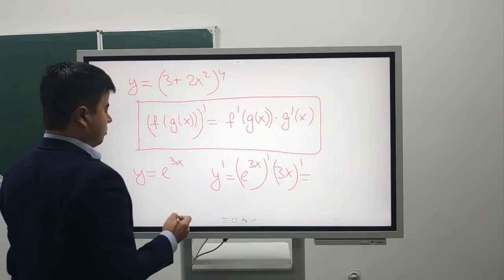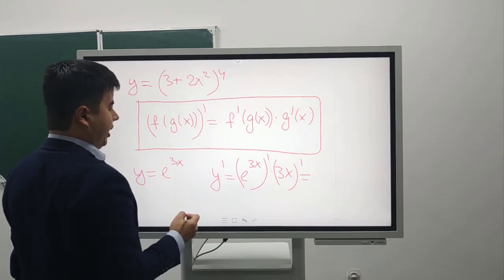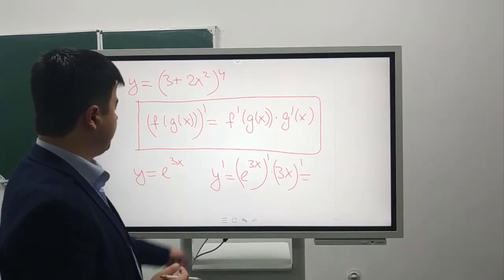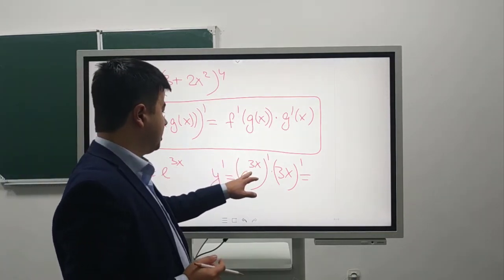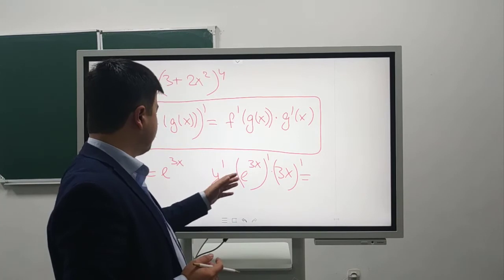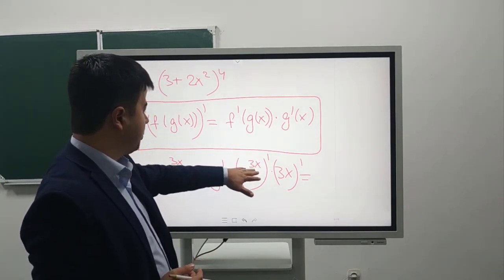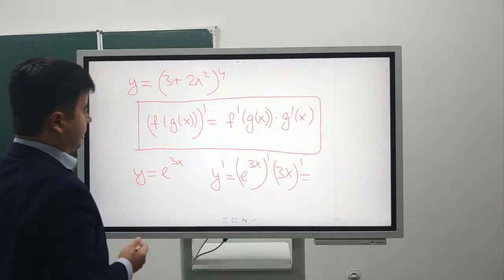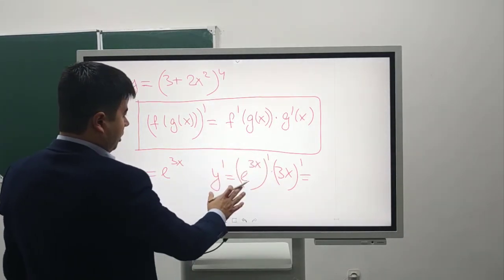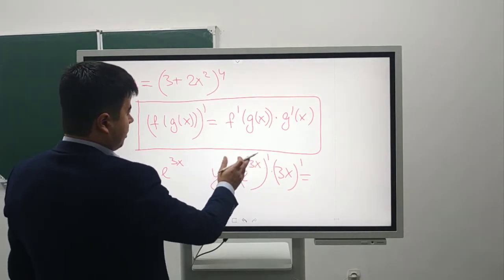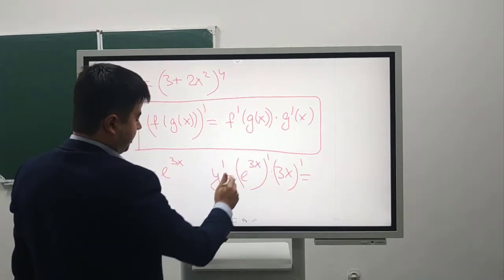And here, in this case, e to the power of 3x, the 3x is just the argument of this function, because this is the first function, and you need to consider it like a composite function too.